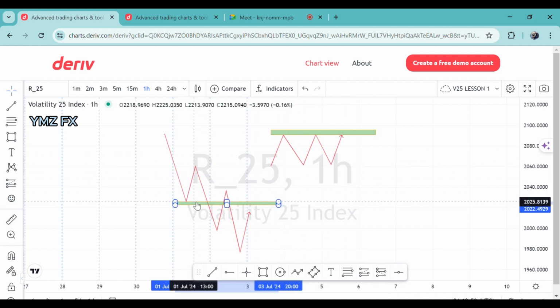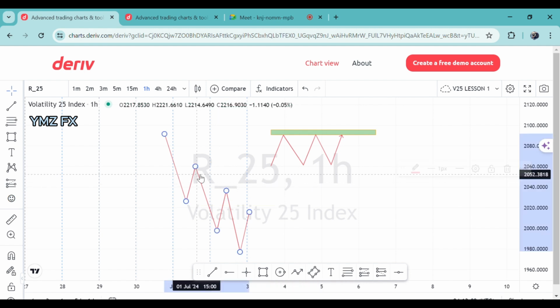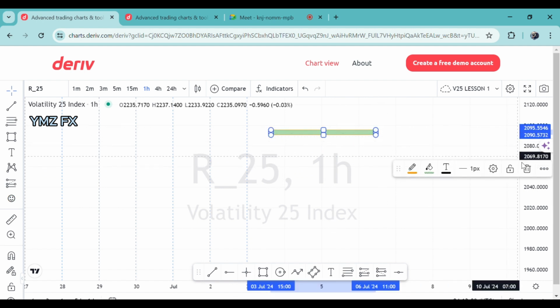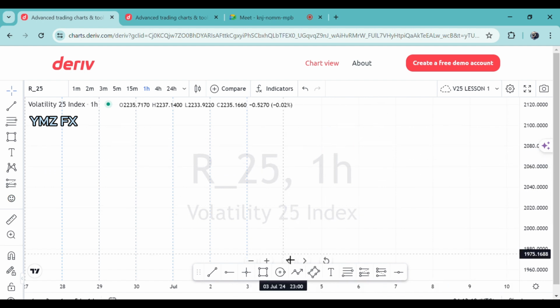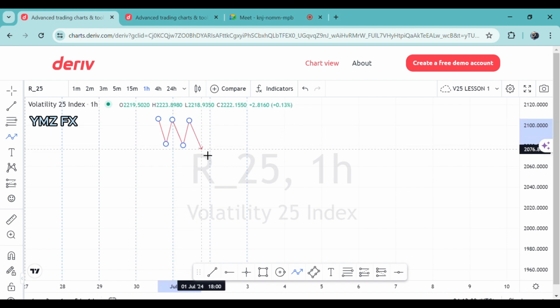Internal liquidity is where the market creates some areas. For now, I don't want to go too complex with you, so I'm just going to call it imbalance. I think we discussed imbalance in one of our series. Let's say the market has been creating a range, and all of a sudden it breaks this structure and starts to go into a downtrend.